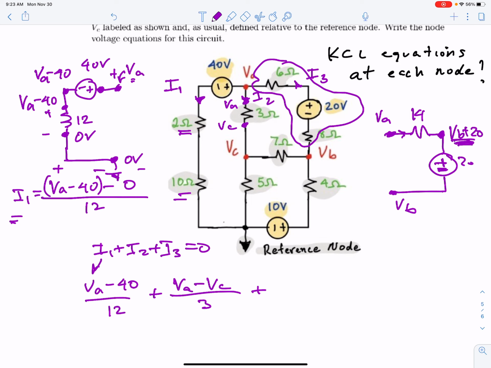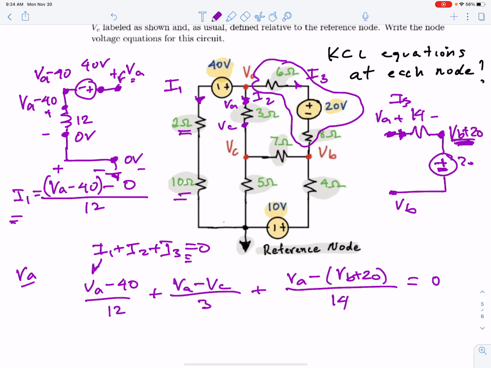The way I have this referenced, I3 is moving this way, so this must be plus minus. So VA minus the quantity VB plus 20, divided by 14. That's all of node A, and remember, you have to write an equation: this is equal to 0. Here's the node voltage equation at node A.